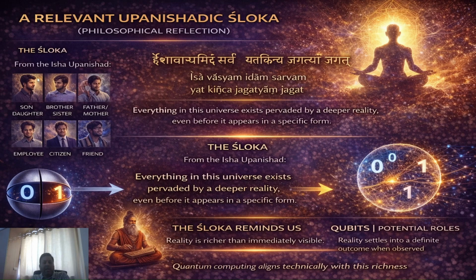Now, unmanifest to manifest. When you are an individual, nothing is manifested yet. But when you are a son, the son within you is manifested. The brother within you is manifested. Observer versus experience. Similarly, when you are an individual, you are just observing, but you are experiencing something.